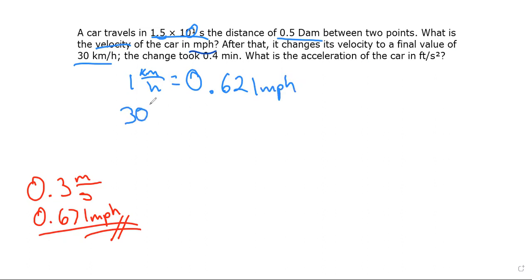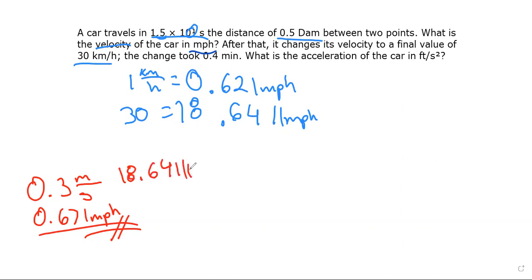So 30 would be 18.6411 miles per hour. We have to set this apart because it's an important value again, and it is 18.6411, sorry, miles per hour.